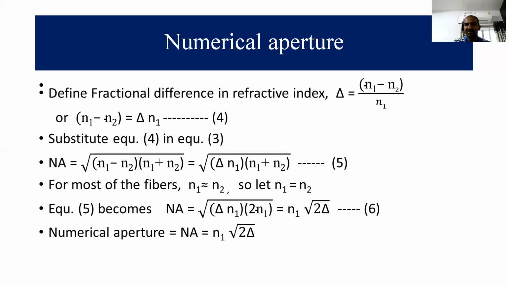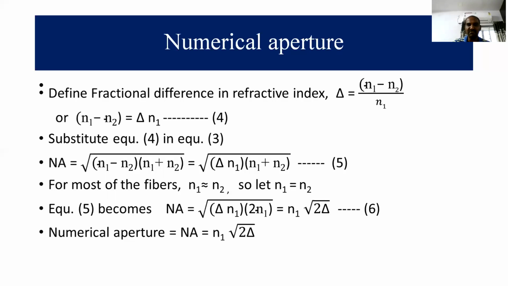Say this is equation number 4. Substitute equation 4 in equation 3, which is NA equals the square root of (n1 minus n2) into (n1 plus n2). In place of n1 minus n2, write delta n1. Therefore, the expression for NA becomes the square root of delta n1 into (n1 plus n2). But in most fibers, even though n1 is greater than n2, n2 is nearly equal to n1. That's why we can write n2 ≈ n1.